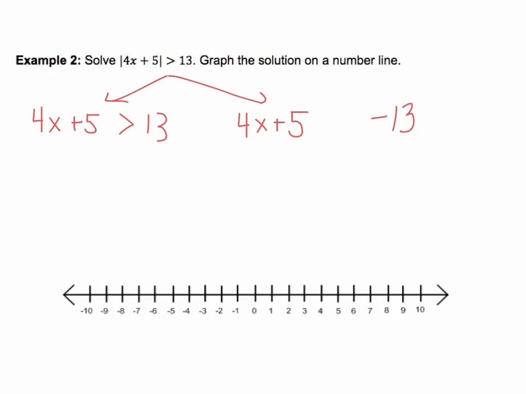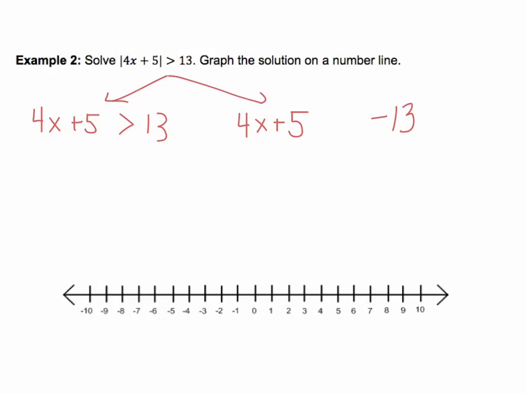Yeah, very good. Okay, so that's awesome. You don't do that because you're a robot. You do that because you made a change. Remember when you multiply or divide both sides of an equation by a negative number, you are switching the sign, the polarity, the plus or minus of whatever was on the right-hand side. You flip the inequality because you made a sign change.